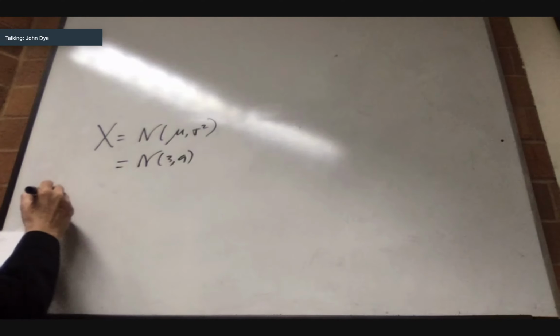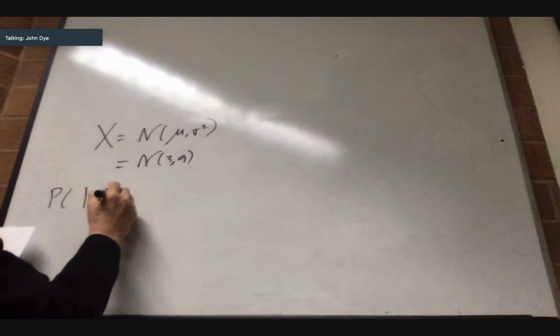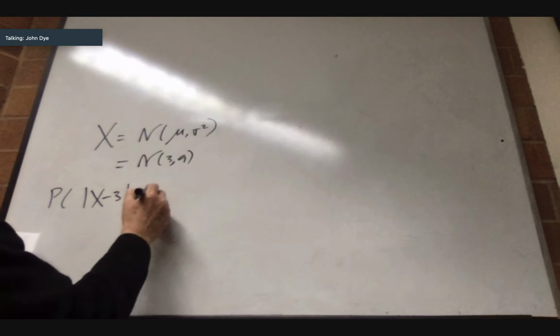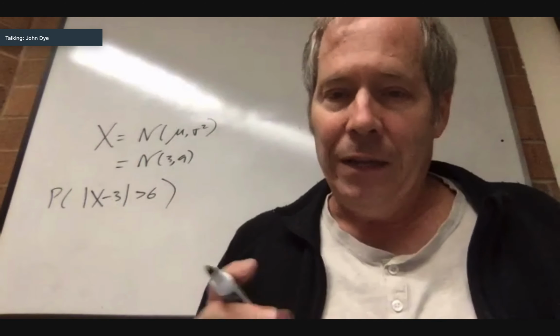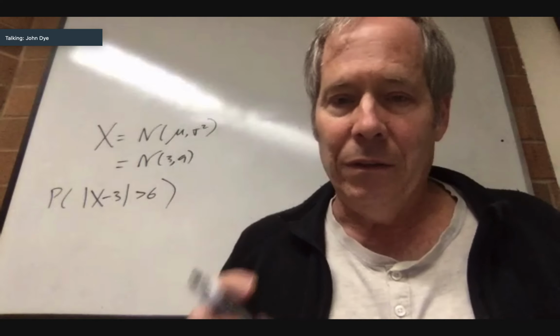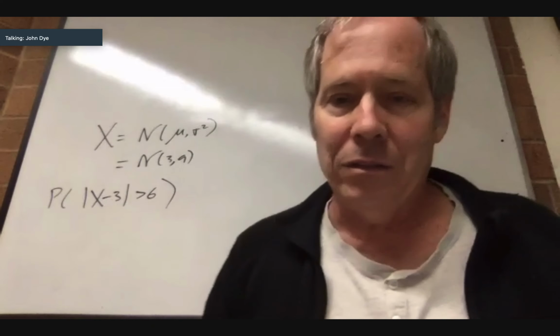Okay, and what we're supposed to do is compute this probability. Why am I doing this? Because it involves the absolute value. Why the absolute value? That's a bugaboo in later problems, so you'll see a lot of this.